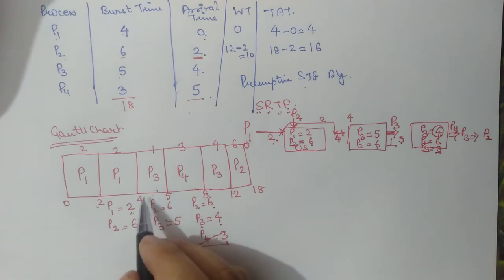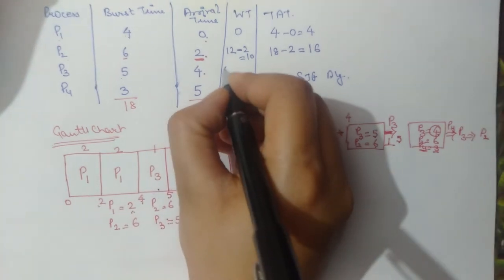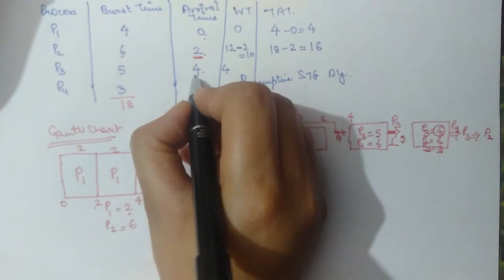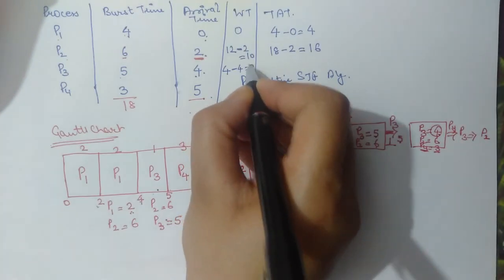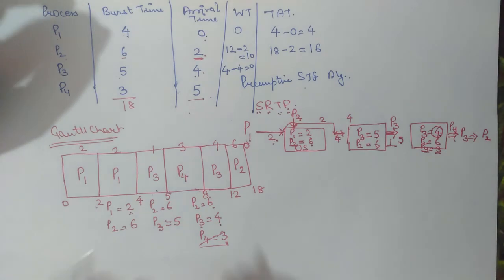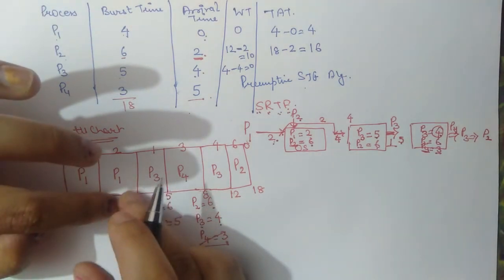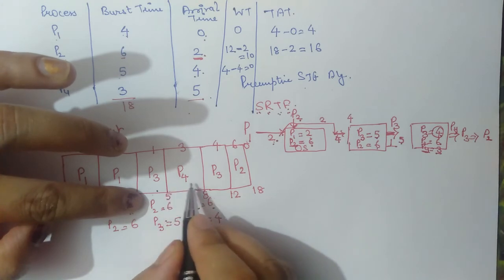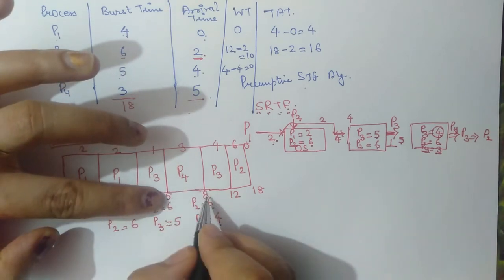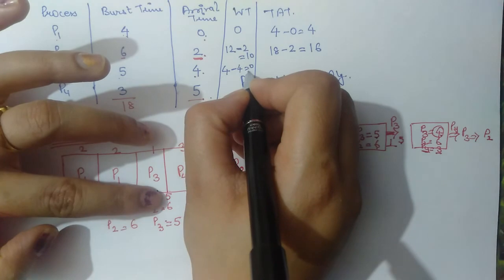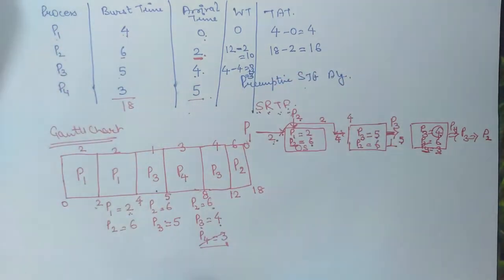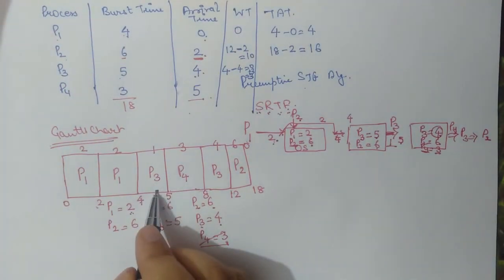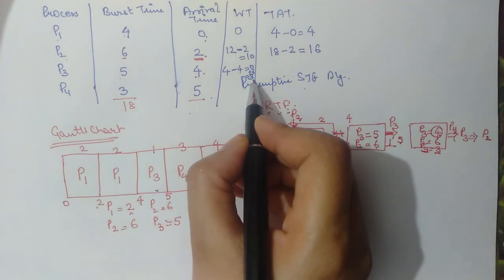On the left corner of P3, 4 is mentioned and it entered the ready queue at 4. So till then the waiting time is 0. But for that particular time instance, it waits in the ready queue. This time is 3. So 0 plus 3 is 3. The waiting time of process number 3 is 3.